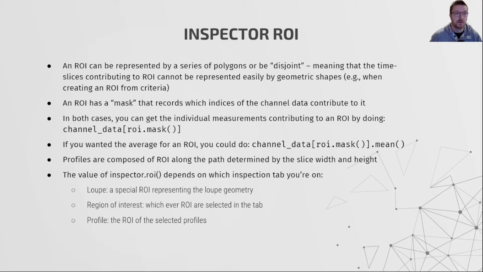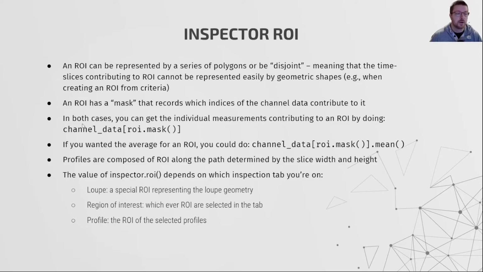It's just a series of indices that match. So a region of interest has a mask that records which indices of the channel data contribute to it. That's why that mask is so important, because that's how we can get the stats for a region of interest.